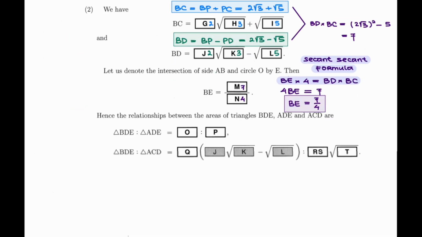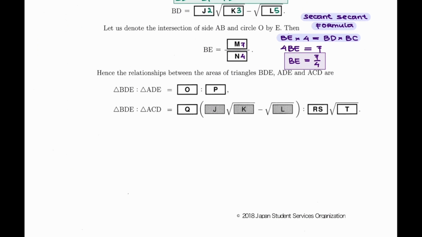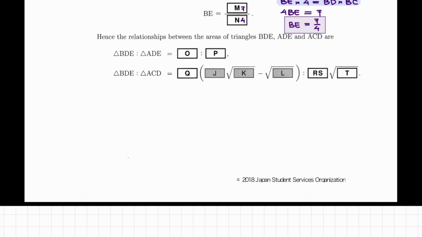I will write it down below here. Oops, sorry. Okay. So triangle BDE over area of triangle ADE is equal to, for BDE, half times base times height. I denote the height as x.